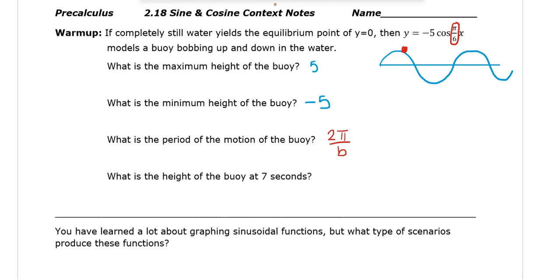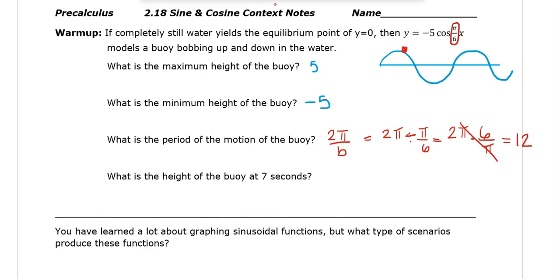If there was anything being added or subtracted inside parentheses, then I'd have to factor out, but I don't need to do that here. So I have 2 pi divided by pi over 6. When I do that, I keep, change, flip. So that's 2 pi times 6 over pi, which cancels out the pi's, and I'm left with 12.